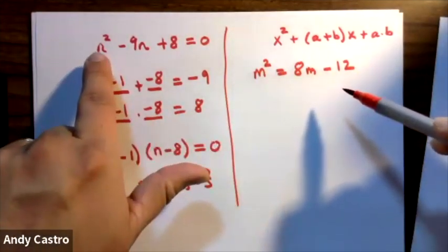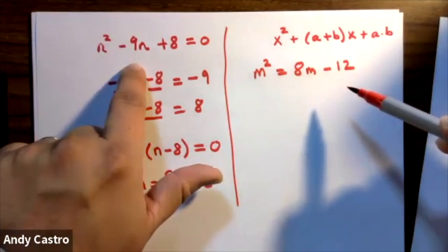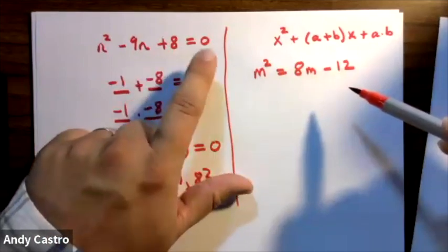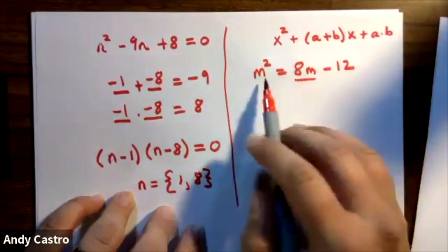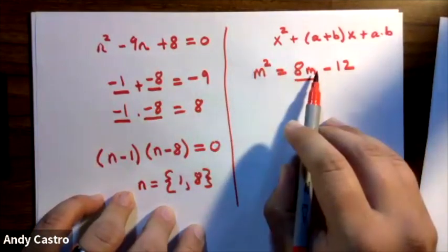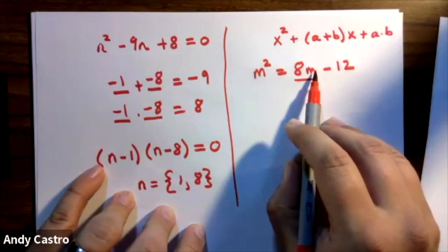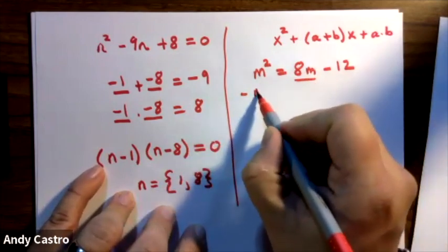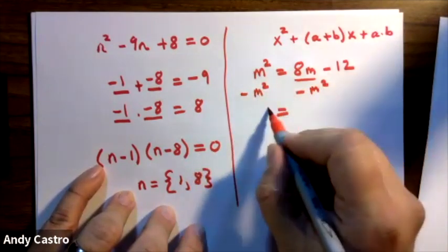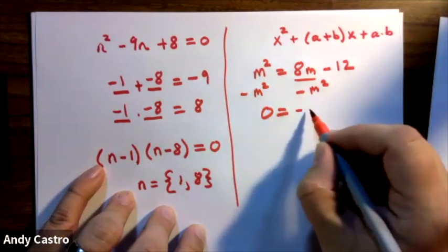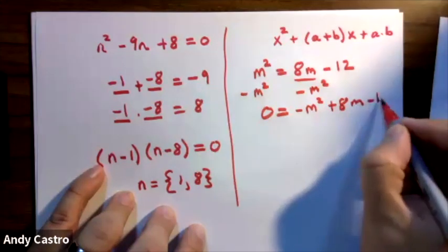I need it to be variable squared plus something times the variable plus the last number equal to 0. So what I'm going to do is move the 8 to the side. If I move the m squared over here, then I end up with a -m squared, which we can do, okay? We can subtract m squared from both sides, and we can have 0 is equal to -m squared plus 8m minus 12.